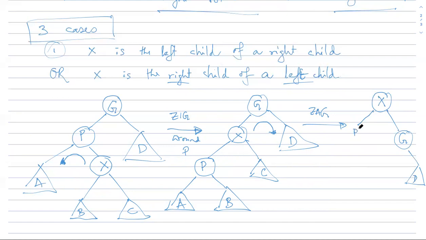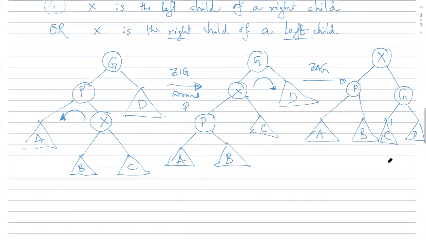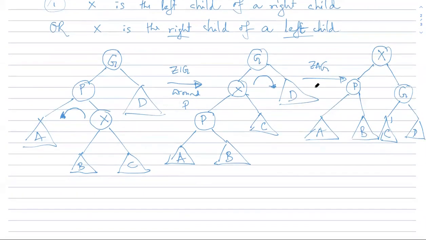P was the left child of X, so that stays intact, and also subtrees A and B for the parent stay intact. But the right subtree of X now becomes the left subtree of G. So this becomes C. So this is zag around G, the grandparent. Overall, this scheme of rotation is called zig zag rotation.